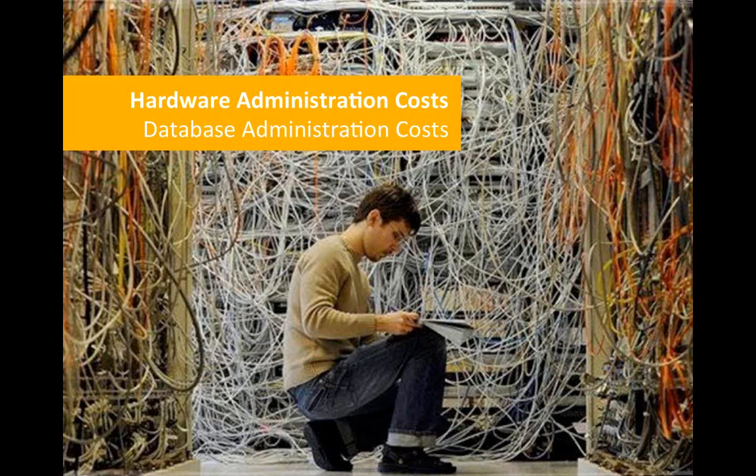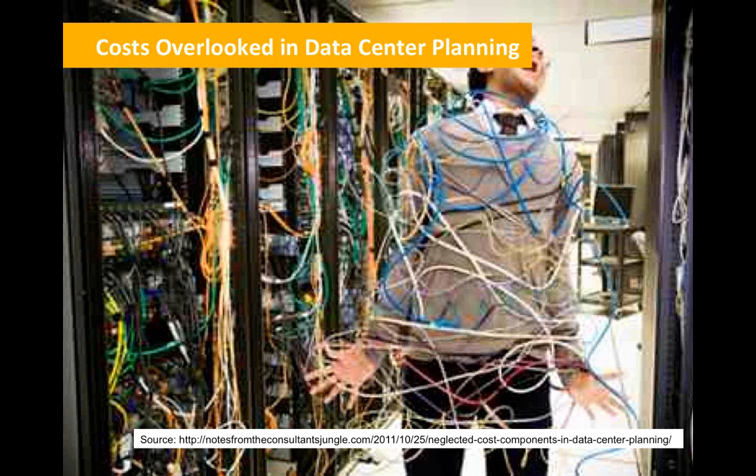So I won't go into a lot of detail in each of these. I think the important thing is to capture all of them in your TCO analysis and go into depth and put realistic assumptions around it, okay? So that you don't overlook costs, including in the data center planning stages, for example, as well.